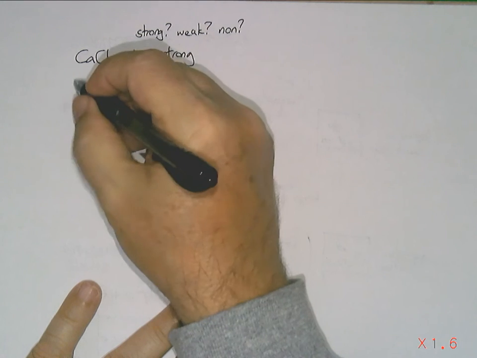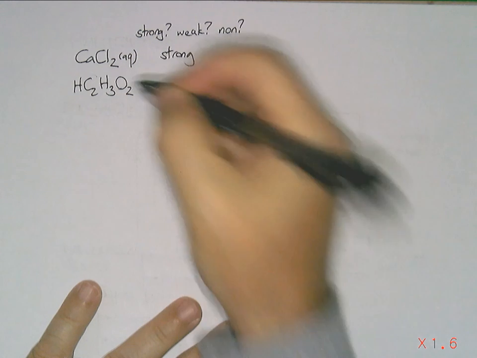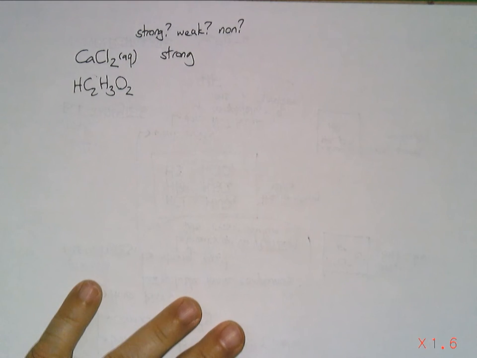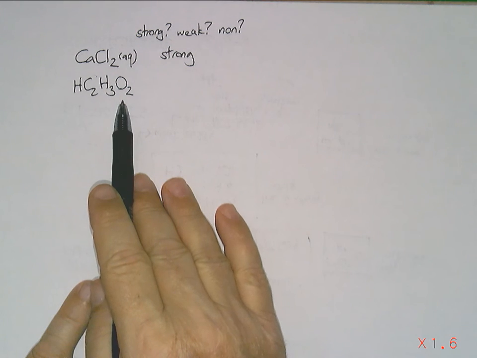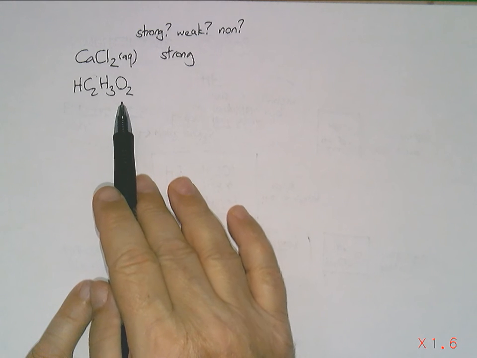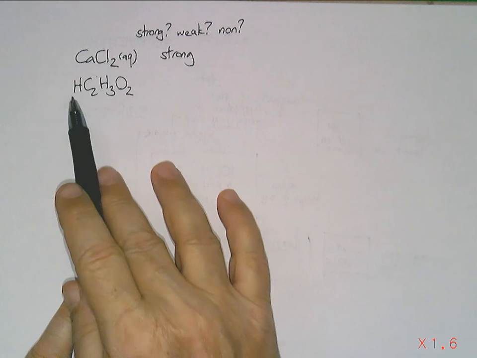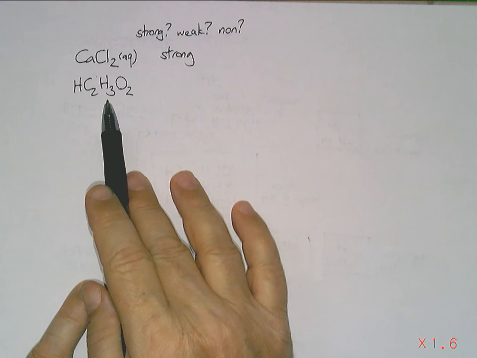How about this one? Can you name this compound? What's the name of the ion that's inside? On your polyatomic ion list, that's the acetate ion with an ATE ending. So to name the acid that is made from an acetate ion, you put ic acid on the end.